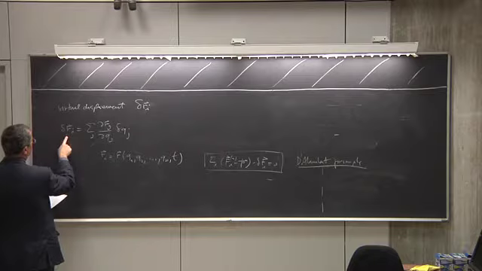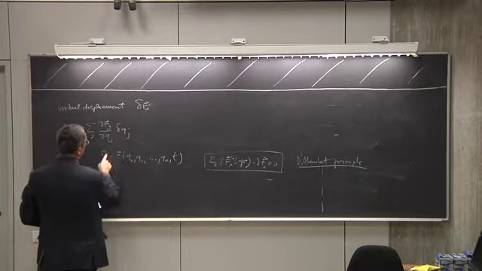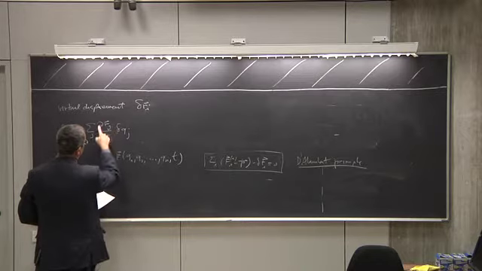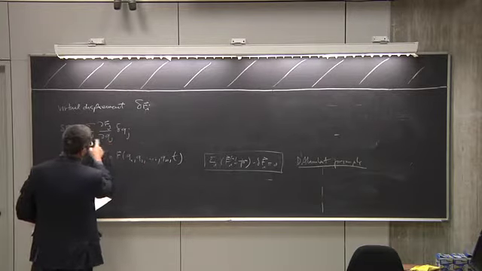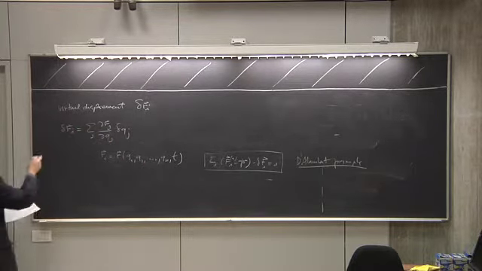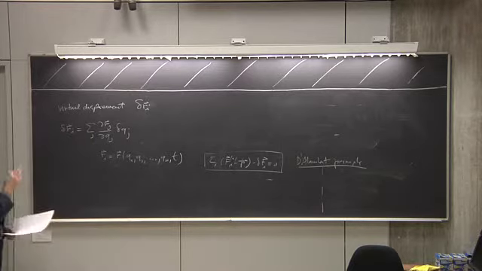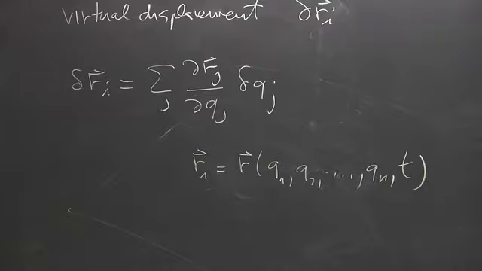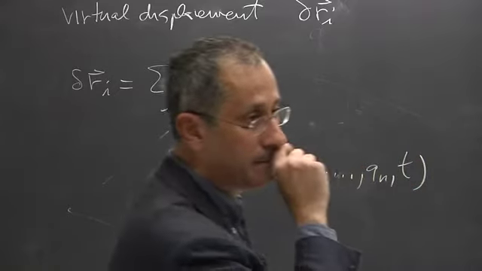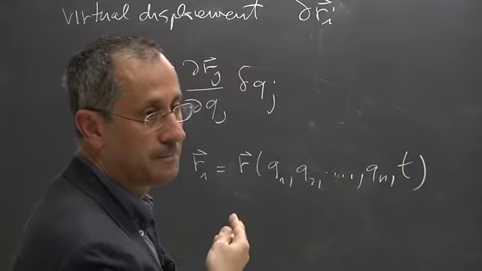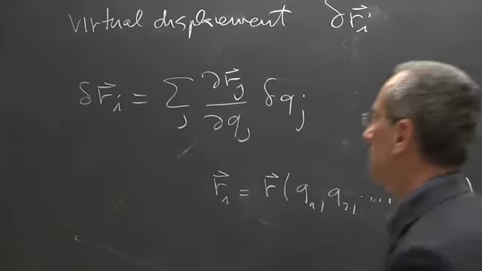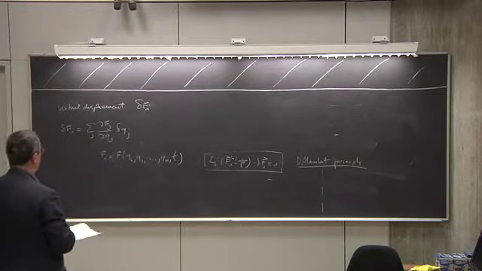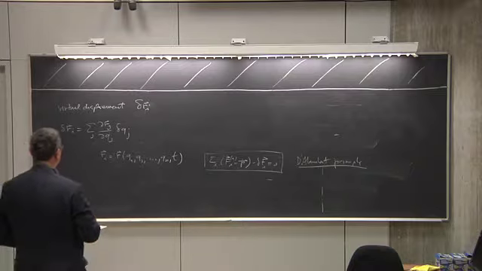The change in this variable, this displacement, once you change your variables, is equal to this partial derivative times the displacement of the new variable, and then you have to sum over all of them, depending whether this one depends on all of these, right? Or no? Have you ever done this?